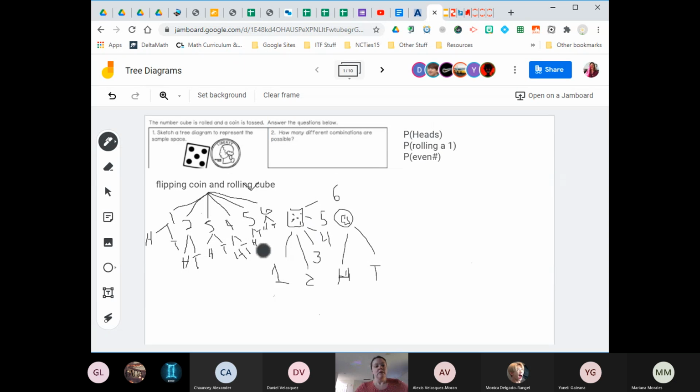All right, so if we look at our tree diagram, how many possible outcomes do we have from this? How many possible outcomes do we have?